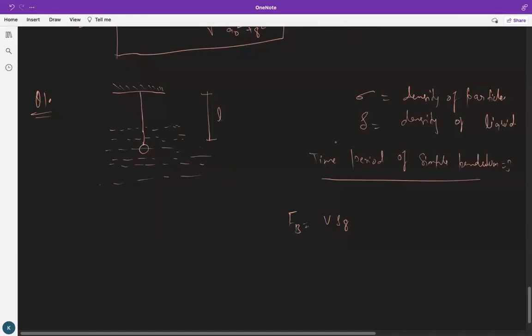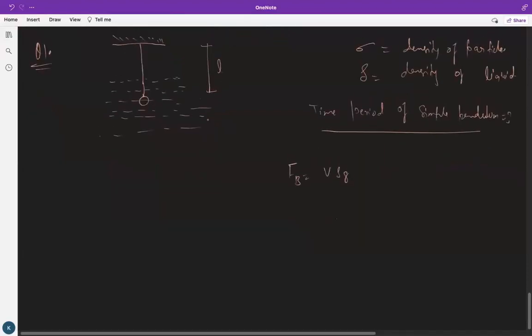So on this simple pendulum we have two kinds of forces: our normal gravity force, and the buoyant force. So let's find the acceleration due to the other forces, and then we will calculate the G effective.